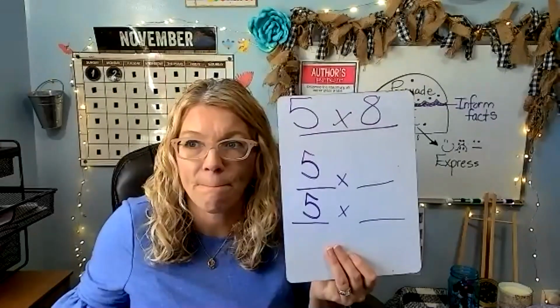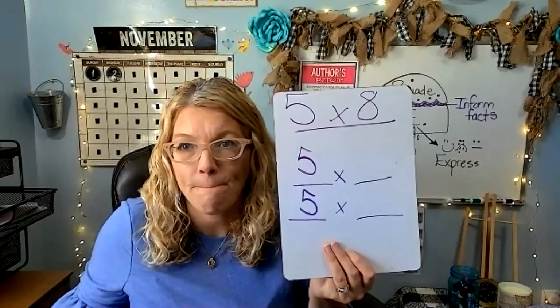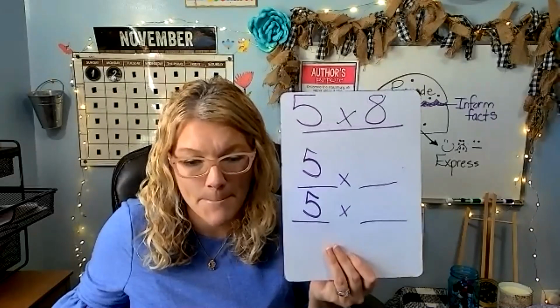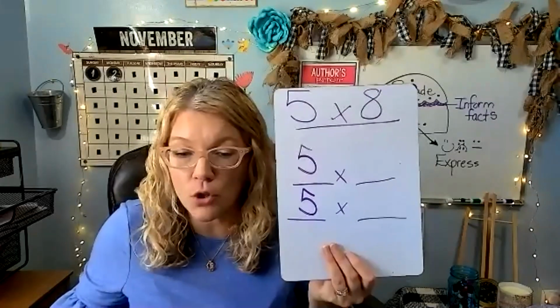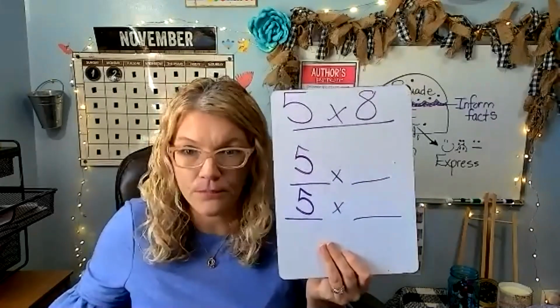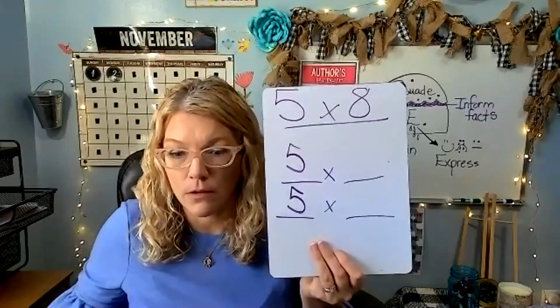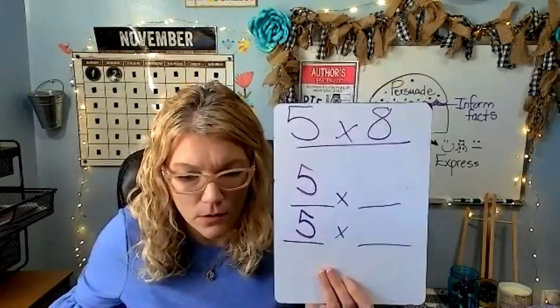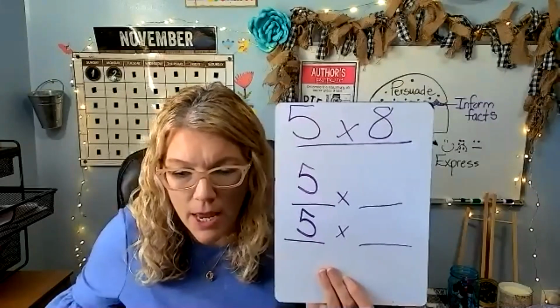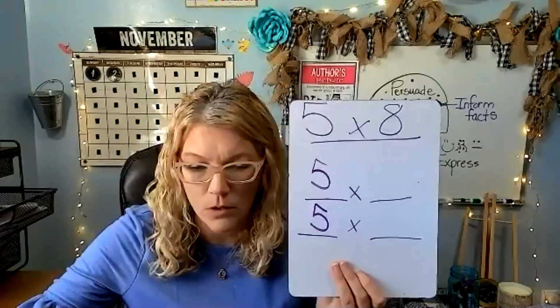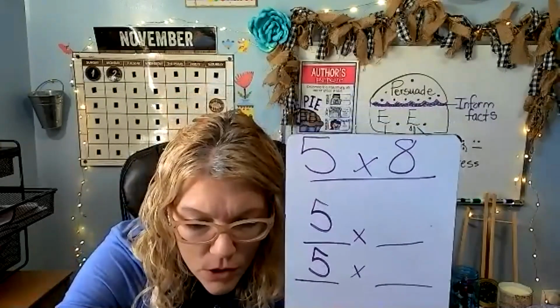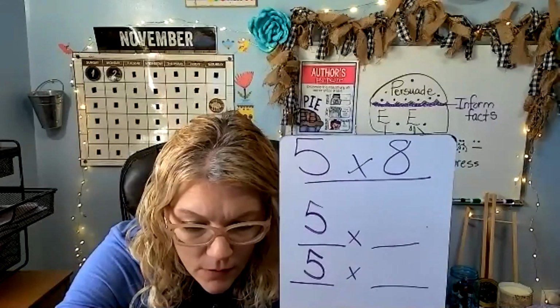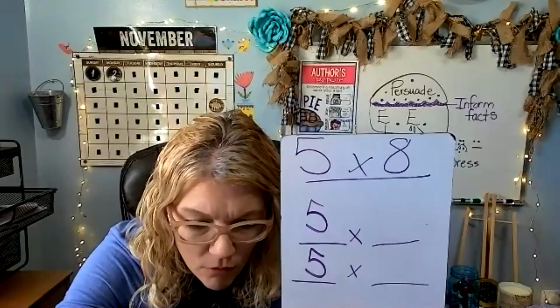Did you mean the 2 with the check mark by it? Yes, ma'am. 2 with the check mark. Mine has 8 columns and 8 rows. Are you on page 210? Yes. 1, 2, 3, 4, 5, 6, 7, 8. 1, 2, 3, 4, 5.